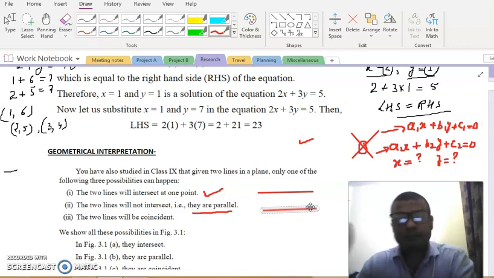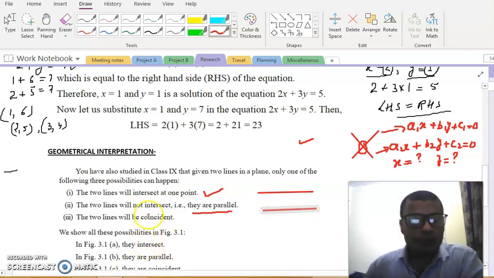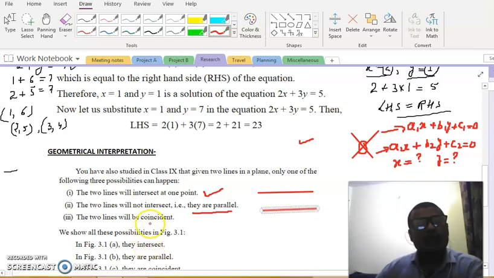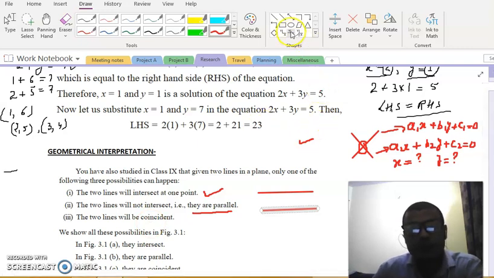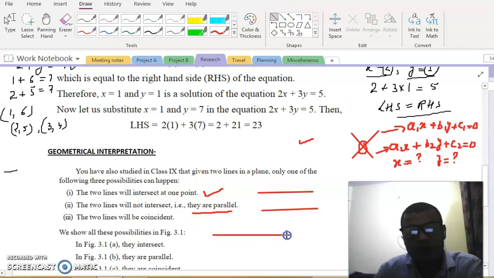And the very third condition is that the two lines will be coincident. Coincident means their path is the same. I show you here. See, if you draw a line, this is the equation of one line, and if you draw another line on it, that means the path is the same.